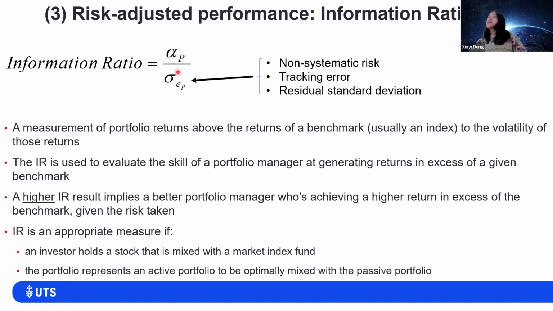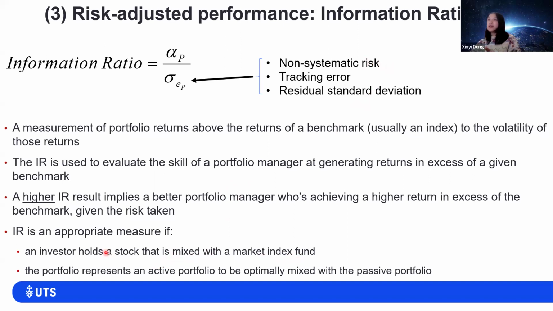Because the expression of the information ratio is Jensen's alpha divided by the non-systematic risk, the information ratio will be more appropriate if the investor holds a stock that is mixed with a market index fund.